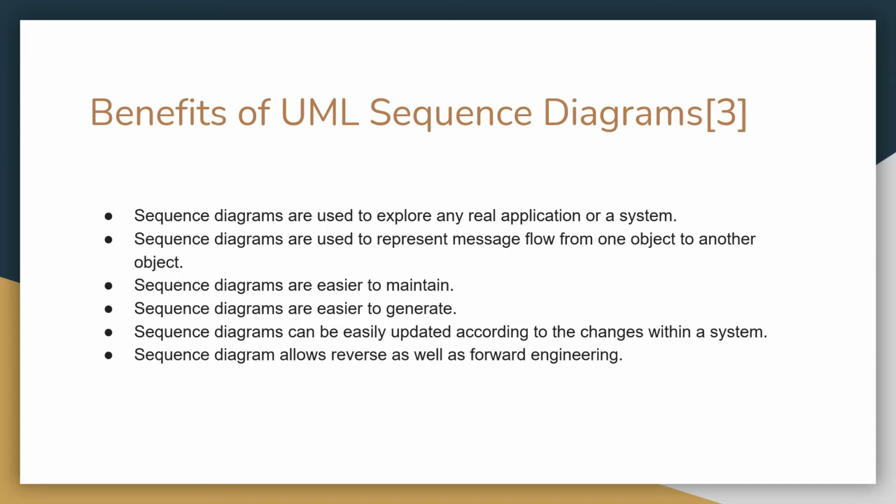This has helped me turn their manual system into an automated solution. Just like in that example, we can see how a sequence diagram can be used in a real-world application or system. Some other benefits: it's easier to maintain, it's easy to generate, and it allows reverse and forward engineering.